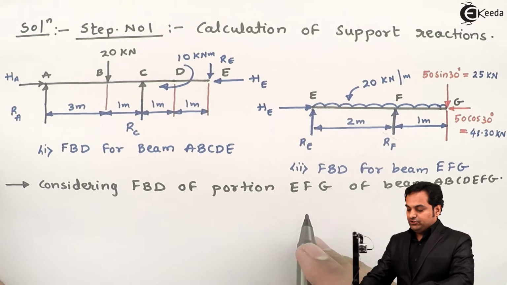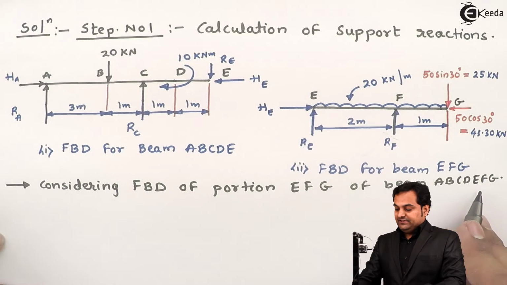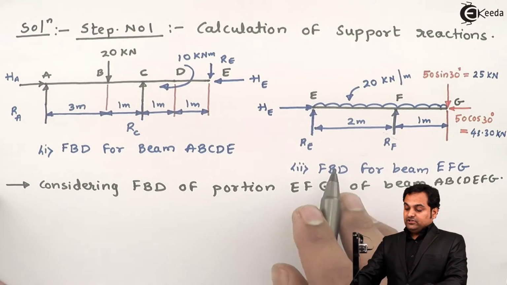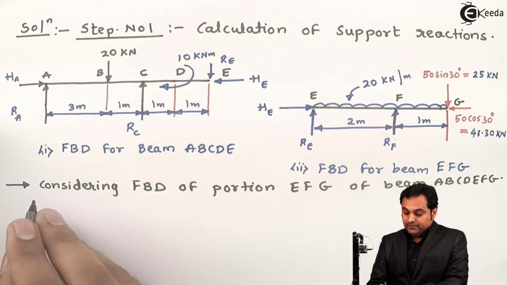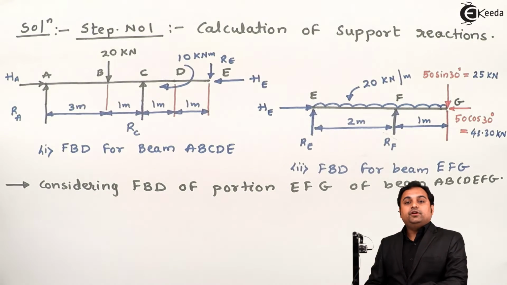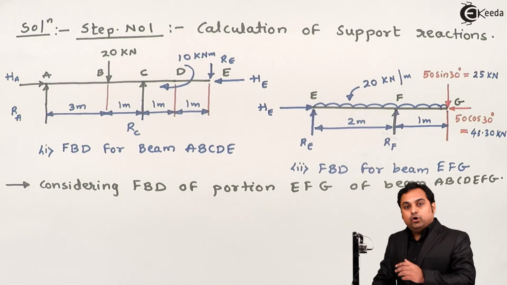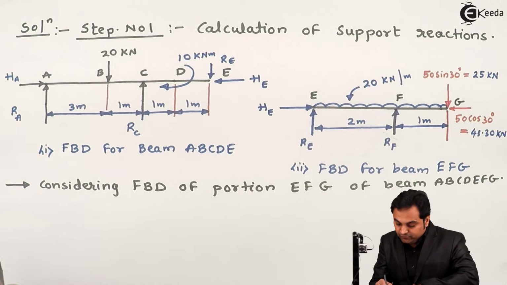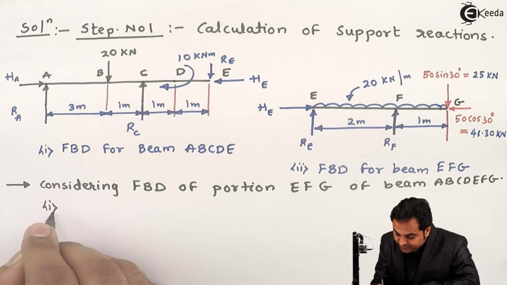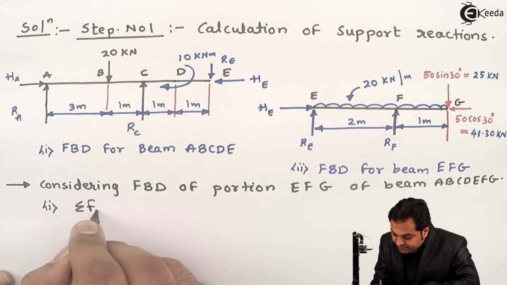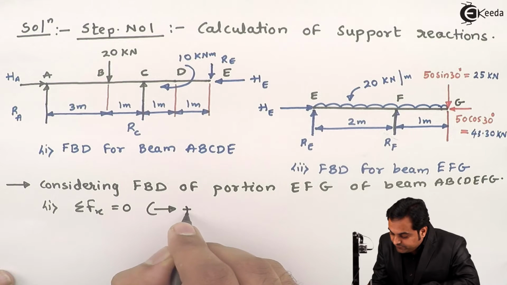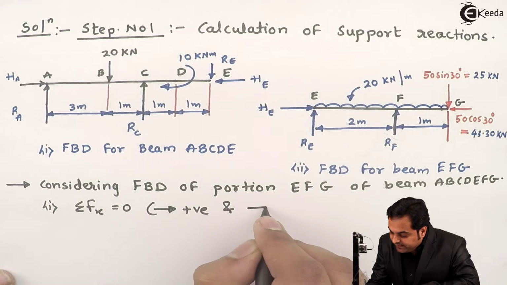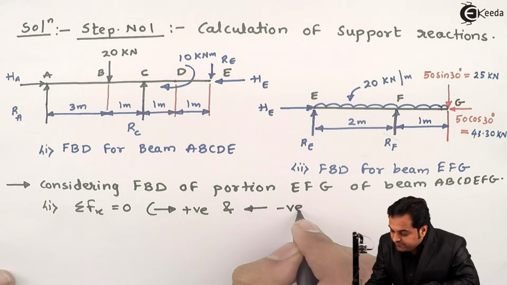I am considering portion EFG of the entire beam ABCDEFG. First I'll find the horizontal reaction, using the condition of equilibrium, because the horizontal reaction will be required to draw the axial force diagram. In this problem they have said to also draw the axial force diagram. So I'll write the equilibrium condition: summation of Fx is equal to 0, where rightward force is positive and leftward force is negative.